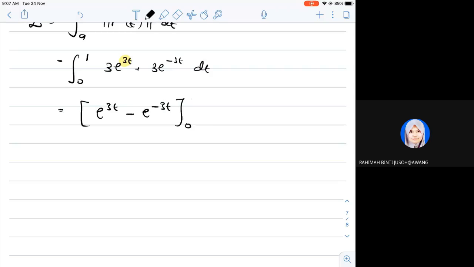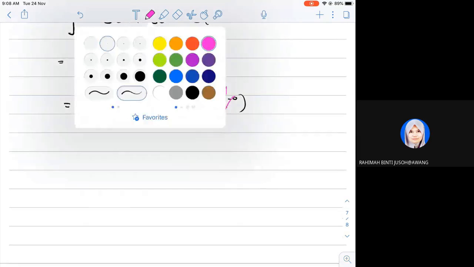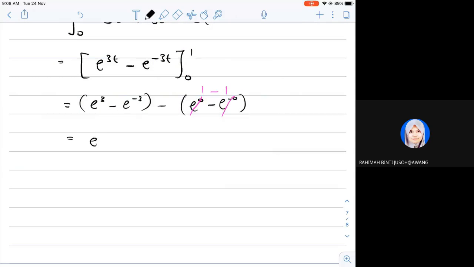So substitute 0 and 1, then we will have exponent 3 minus exponent negative 3 minus exponent 0 minus exponent negative 0. This is equals to 1, this is also equals to 1, so 1 minus 1 we get 0. Then finally the answer is just exponent 3 minus exponent negative 3. So that's it, that's the answer.